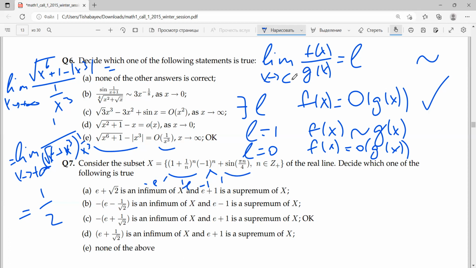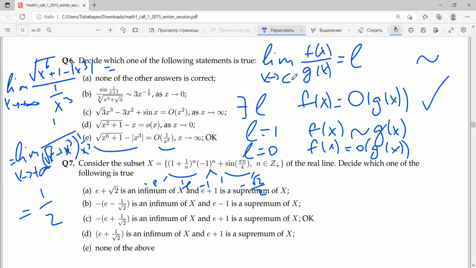And now we have the least and greatest values. And sine of pi n over 4, what will be the least value here? Who knows? Minus square root of 2 over 2. The least one will be minus square root of 2 over 2. And the greatest one here is?